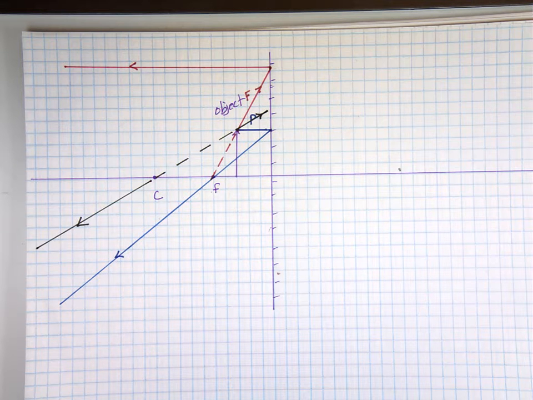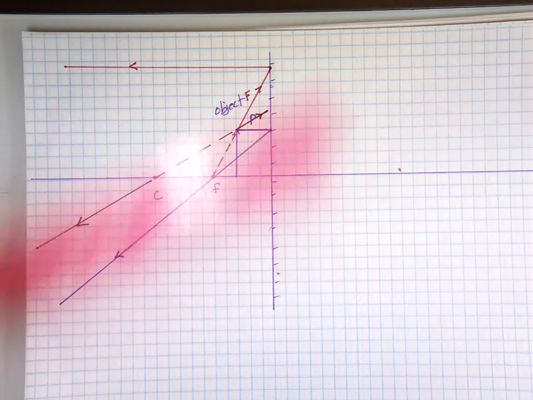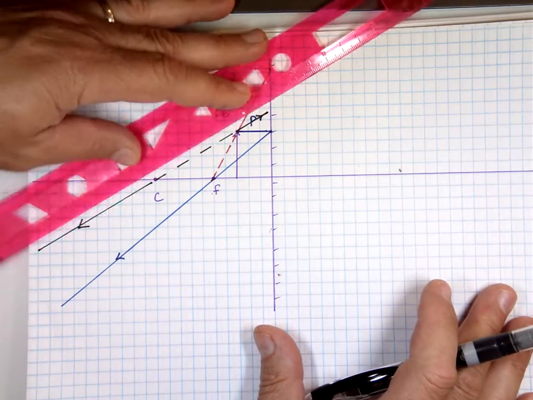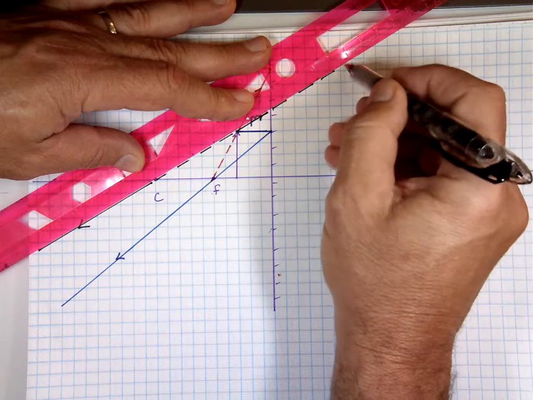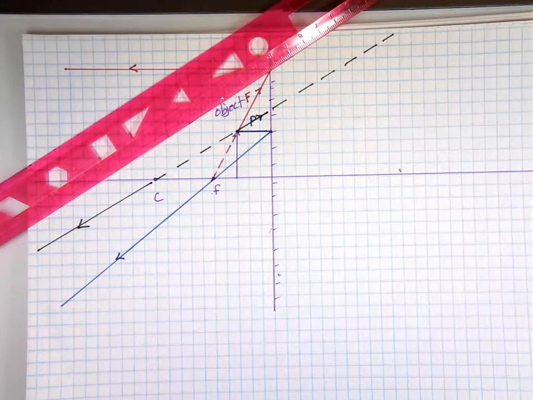So to find out where the image is going to be, you need to extend the lines. Let's extend each one of these lines. Let's take the red one, extend the red one.